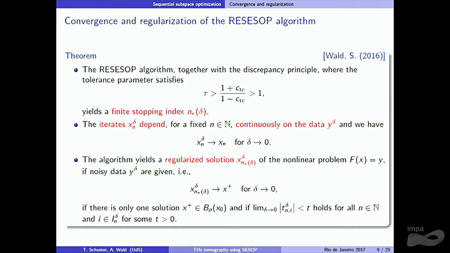Last but not least, we also have a regularization. That means our algorithm yields a regularized solution where the stopping index depends on delta. It's just the stopping index coming from Morozov's principle. And then for delta tending to 0, you get this unique solution, which is unique in the neighborhood of the initial guess. But also here, such a boundedness assumption appears.